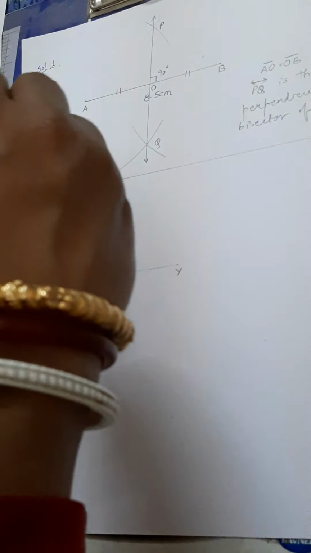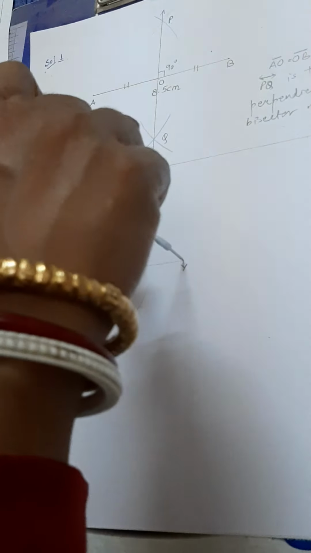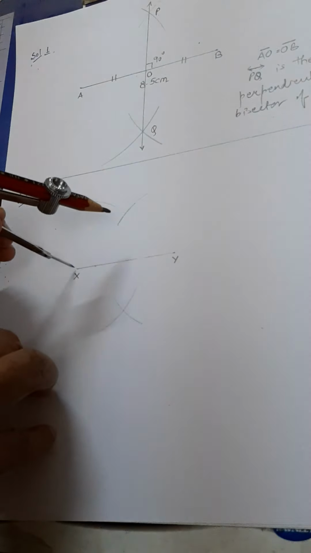So let me draw up and down. Here also let us draw up and down. Okay, let me make it a bit darker.